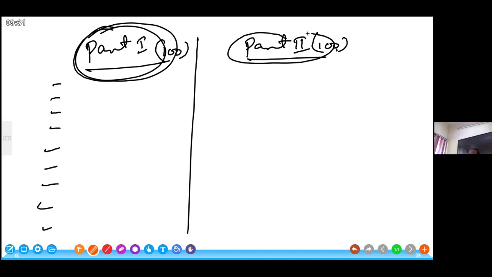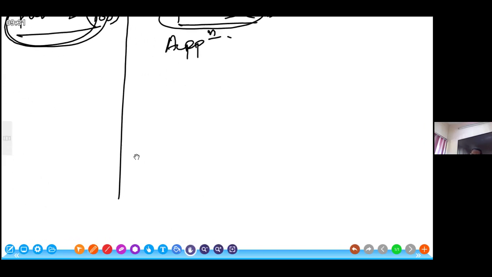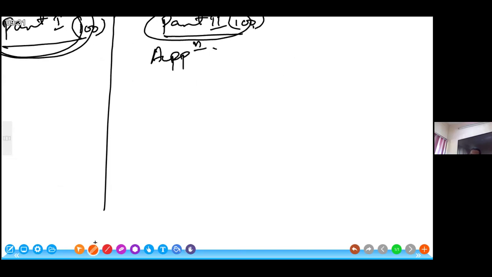Part 2 is more on application. What do you mean by application? As an example, I will give a function, as I said earlier, the production function, onion production.